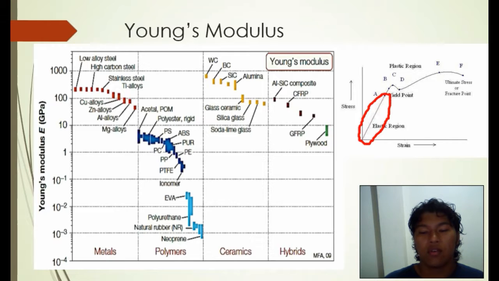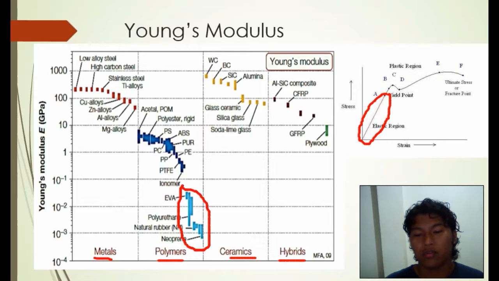If we see this graphic, we see that the metals, polymers, ceramics, and hybrids each have a pretty different value of Young modulus. It is due to the difference of molecules.